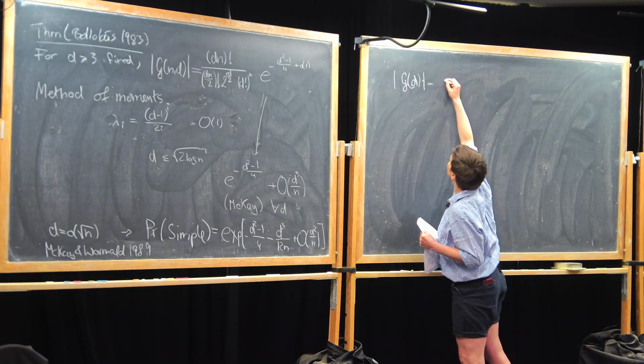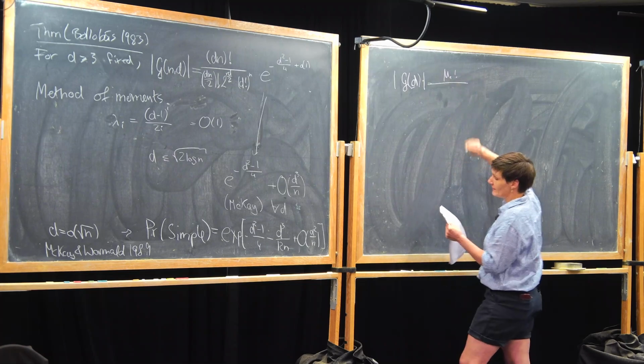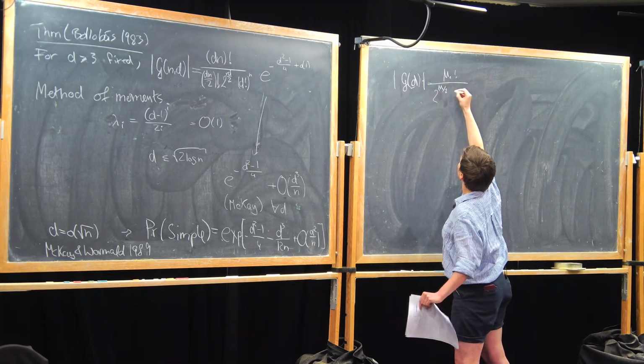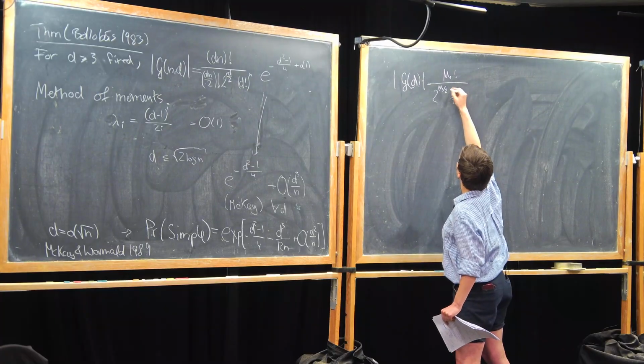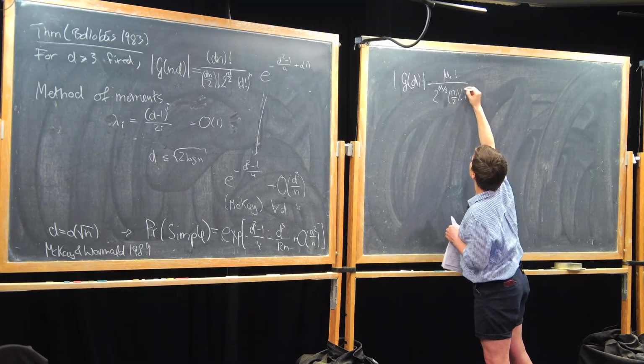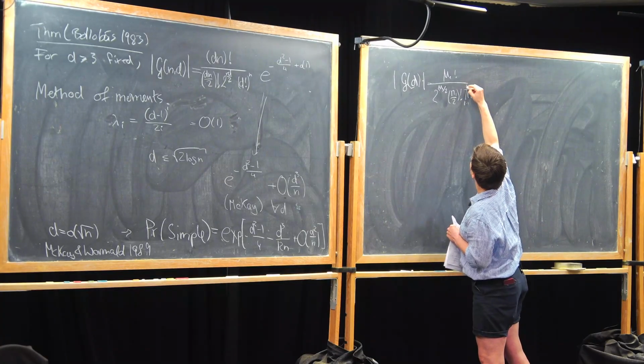It's m1 factorial over 2 to the m1 over 2, m1 over 2 factorial, and then a product of the di factorial, i equals 1 up to n.